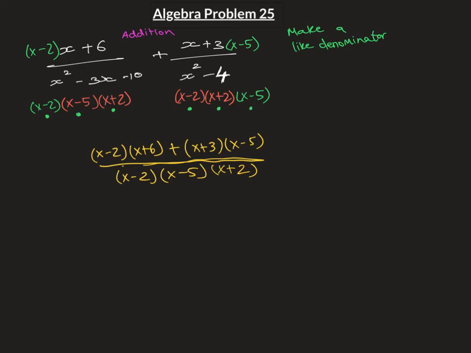So restrictions is simply what x cannot equal. What I mean is you can never divide by 0. If any one of these segments in your denominator was equal to 0, then we would get this numerator divided by 0, and that would be undefined, and that can't happen.